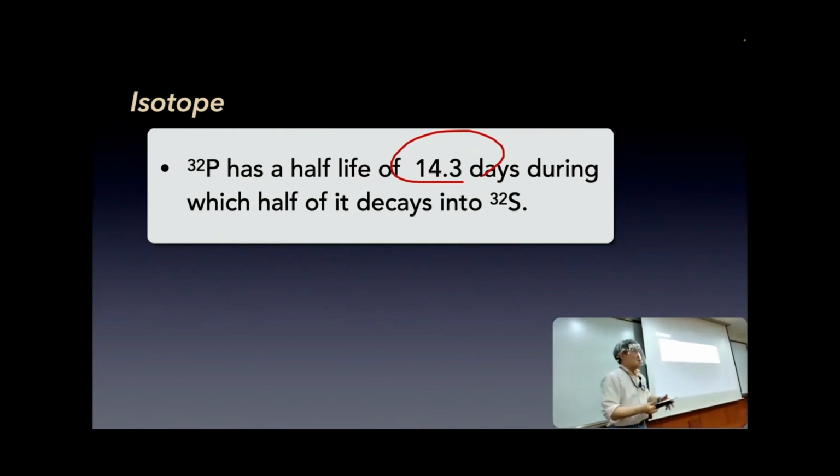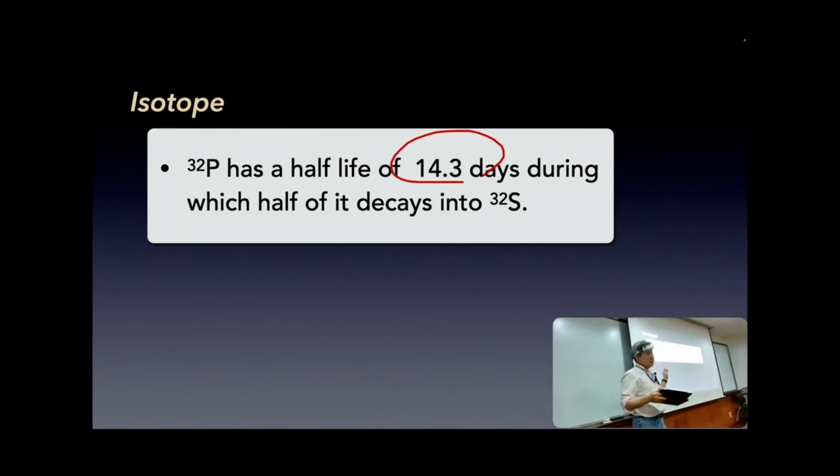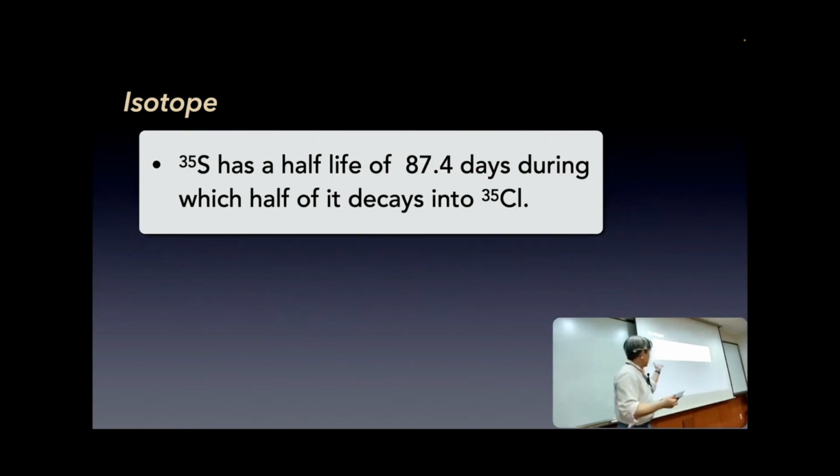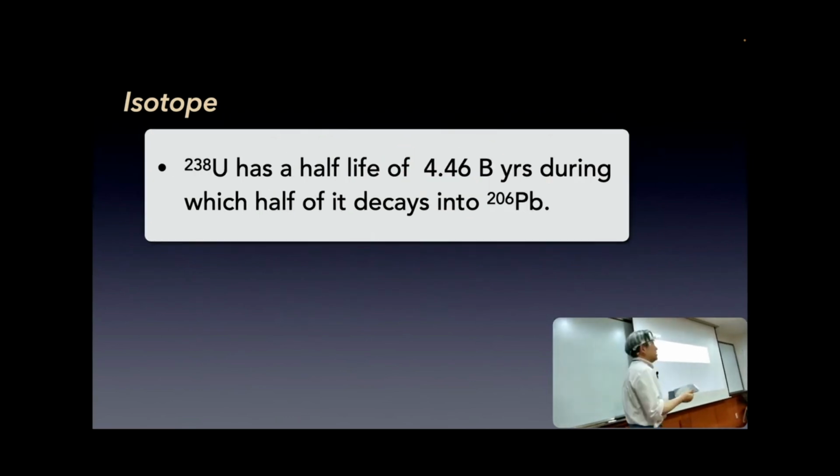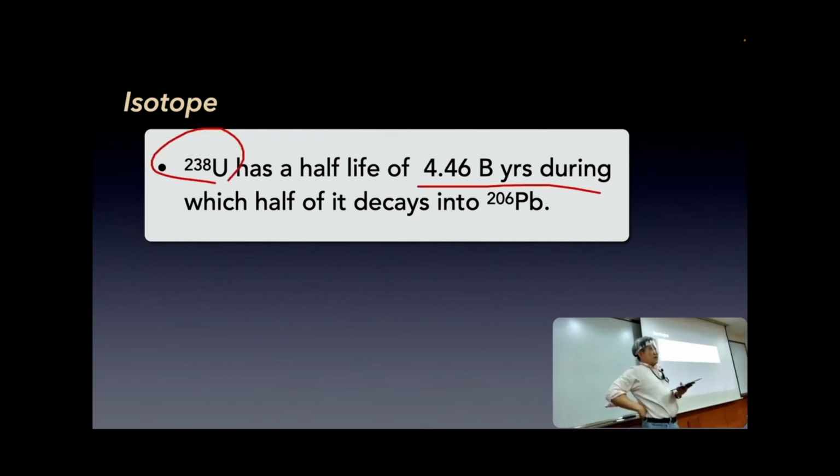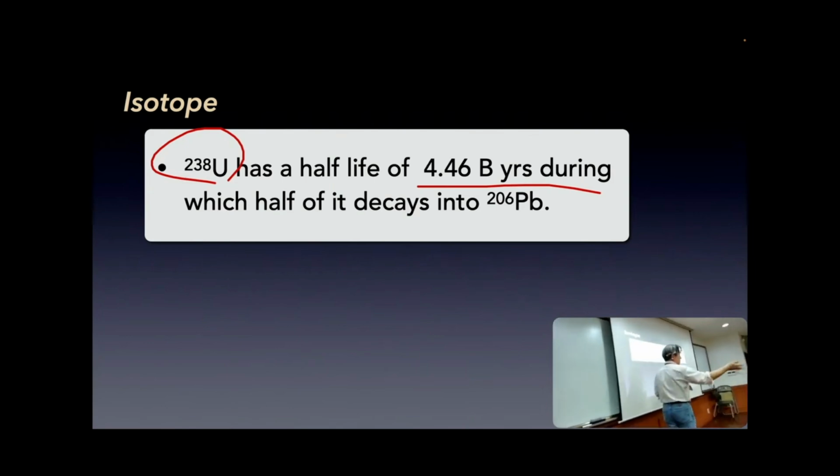But the point is, every different radioactive isotope has a different half-life. That's it. So S35 and uranium. Look. This uranium has 4 billion years of half-life. And it has an indirect way of decaying.